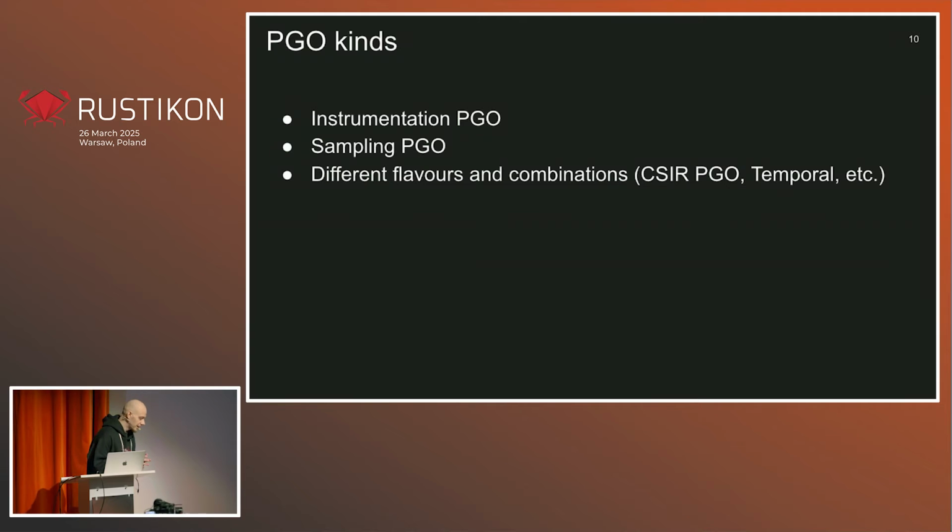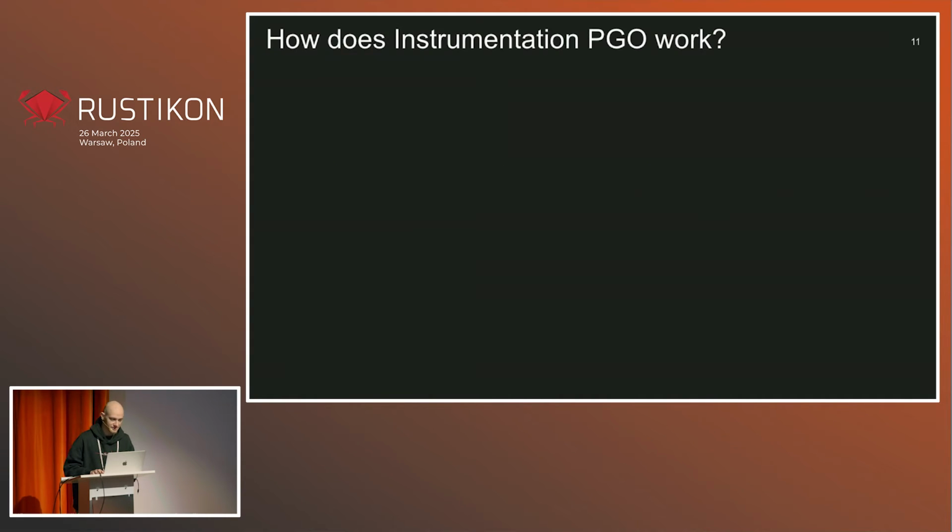And actually, there are many different flavors and combinations of PGO where you can tweak some constants, like context-sensitive intermediate representation PGO, where we're just doing instrumentation PGO after the inlining phase, temporal PGO from Meta for improving startup times. There is CSS PGO, context-sensitive sampling PGO, no HTML PGO, fortunately. And there are many RFCs about some combinations.